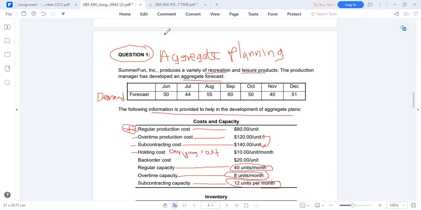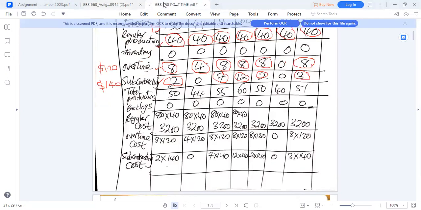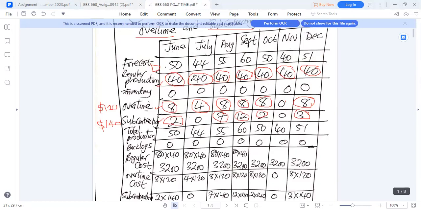So from here, it's just a matter of getting down to the multiplication. So the regular basis is 40 units, and then we have the cost of $80 there.